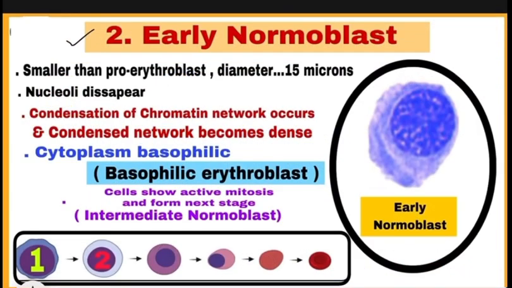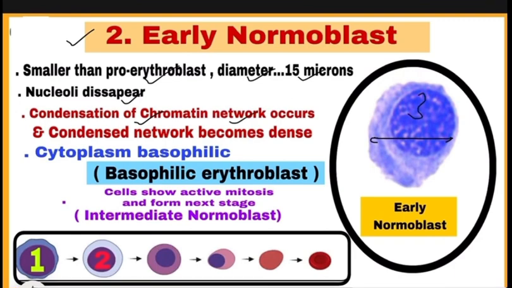Second stage is early normoblast. Cell of this stage is smaller than proerythroblast with diameter equal to 15 microns. You can see this is the diameter of the cell. It is 15 microns. In this stage, nucleoli disappear and condensation of chromatin network occurs.